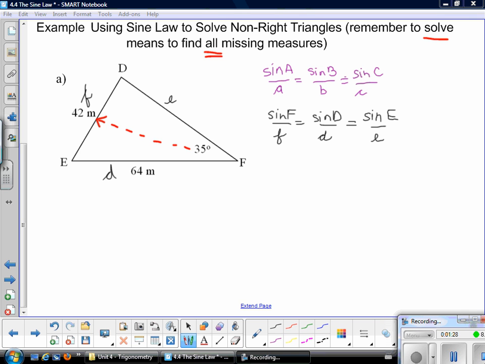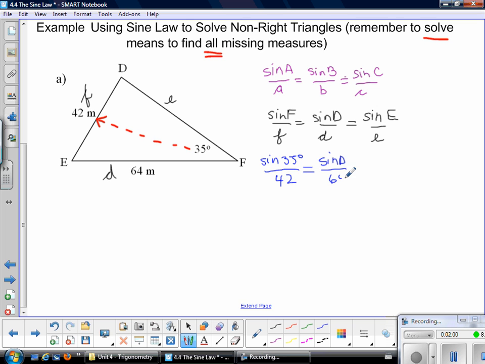So I do know angle F, so I can put that actual number in there. That means I have the sine of 35 degrees over 42 equals sine of D. I don't know what D is, so I have to leave it as the sine of D. And I do know side D is 64.